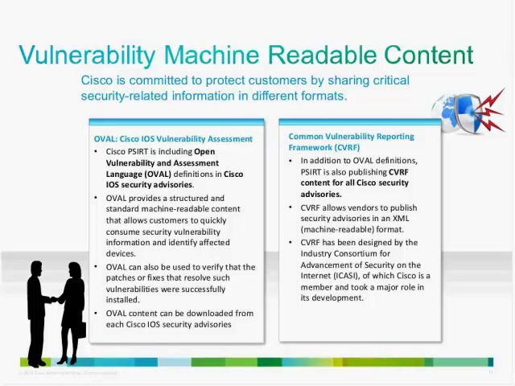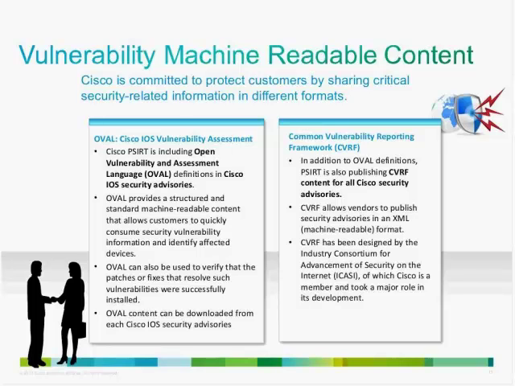One is OVAL, the Open Vulnerability and Assessment Language, which is led and maintained by MITRE. We're now including definitions for all Cisco IOS security advisories. We currently support IOS, and I'll explain why a little bit later, but we are also enhancing the language to support other technologies and other product sets within Cisco.